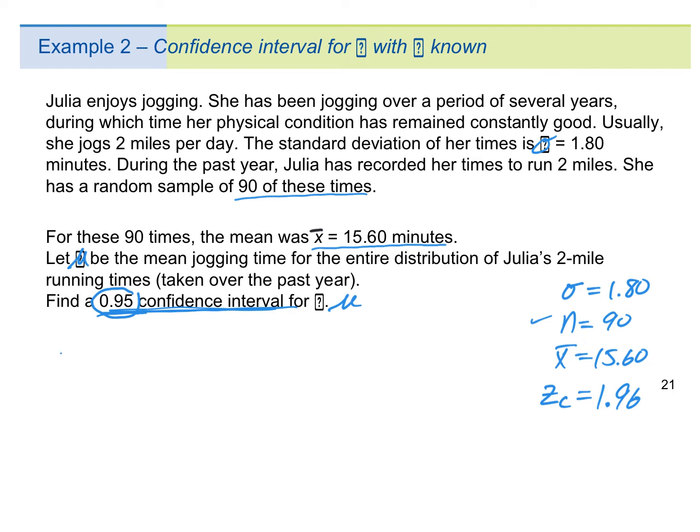The first thing you're going to find is our margin of error. It is found by taking our Z sub C and multiplying it by sigma over the square root of n.